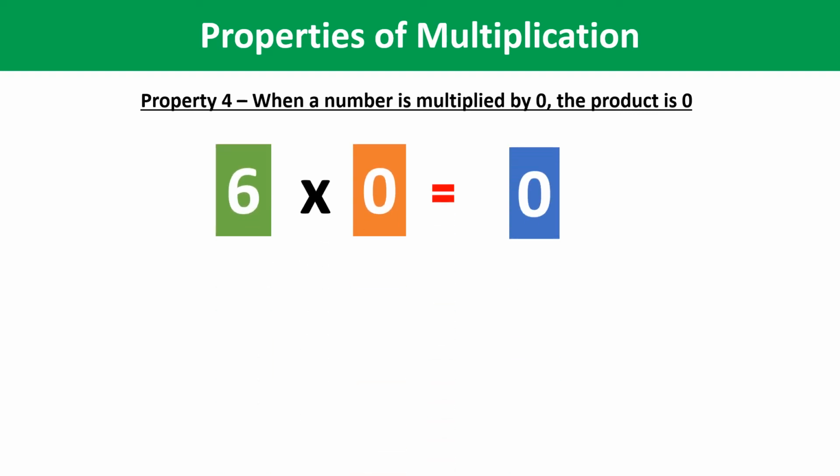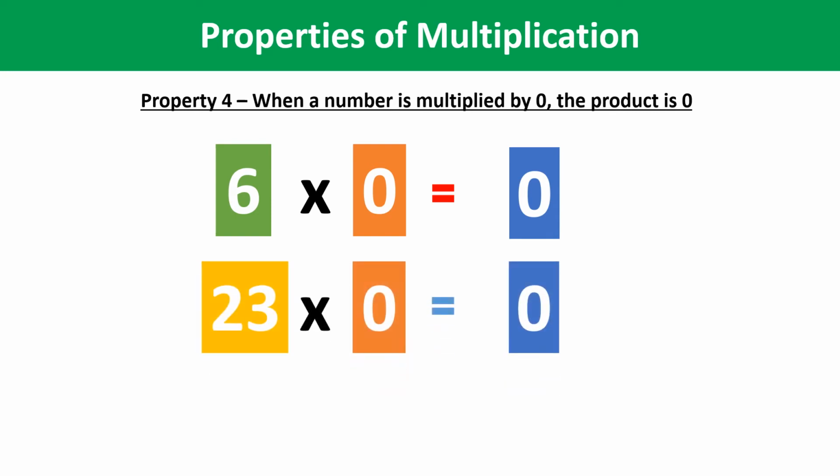So when we are doing 6 multiplied by 0, the answer is 0. When we are doing 23 multiplied by 0, the answer is again 0. So this 0 has this impact. It can make any number 0 if we multiply it to any number, right? So when a number is multiplied by 0, the product is 0.